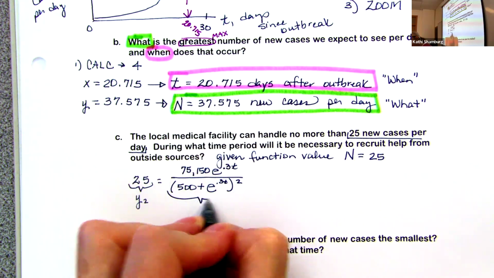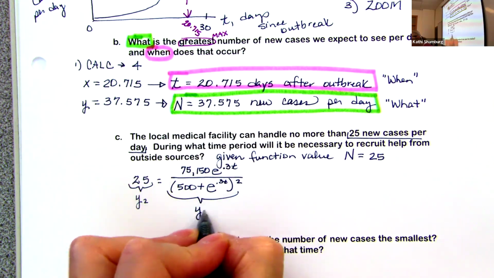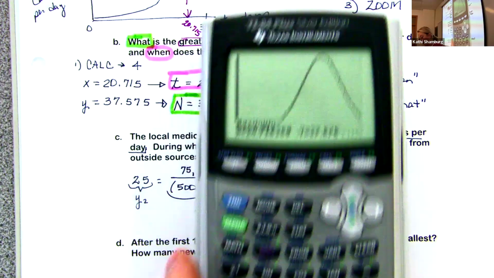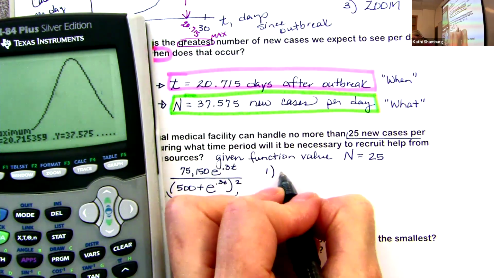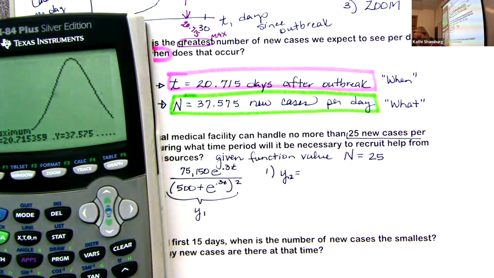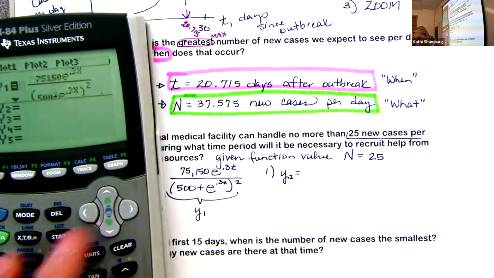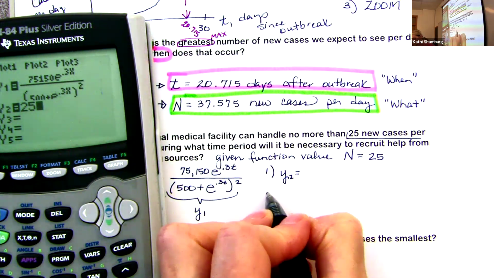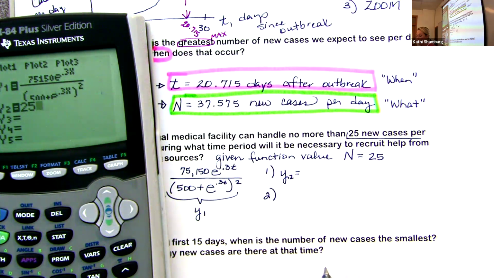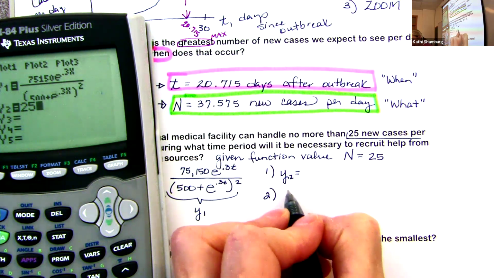This is already in your calculator as y1. All right, so I'm going to put in y2. Now, where do we go? Not trace, but I want to see it on my graph, so I'm going to go to graph.